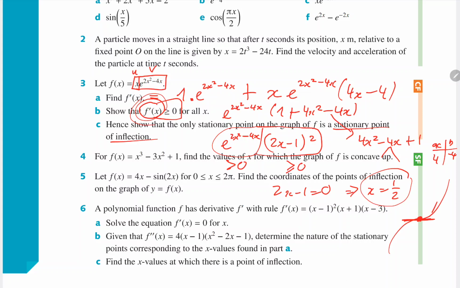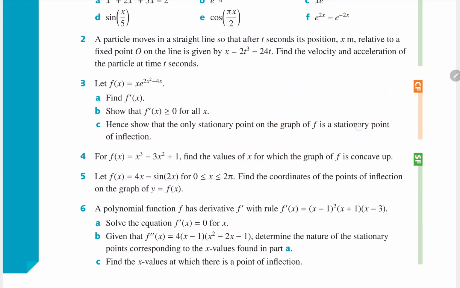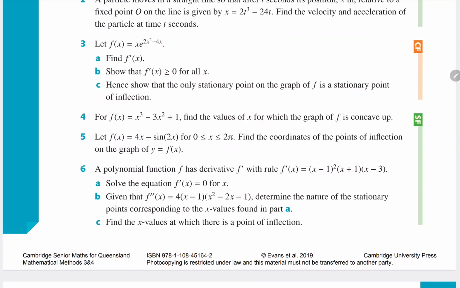Okay? So maybe I'll do this complex familiar in the notes, so it's a bit easier to see. But that's question 3. Question 4, how do we find the values of x for which the graph is concave up? What does that mean? Concave up means what?